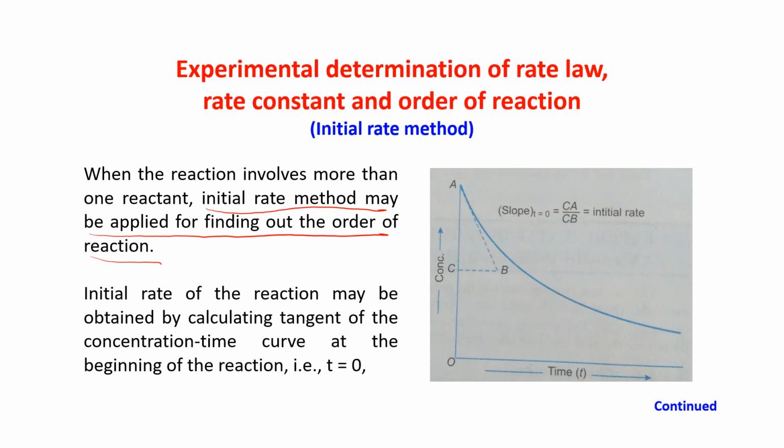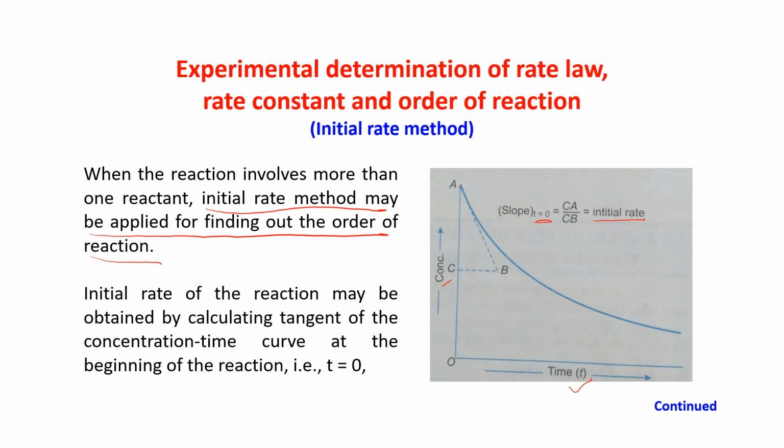What we are doing: the initial rate of reaction may be obtained by calculating the tangent of the concentration time graph. Now we are taking the initial position when t is equal to 0. We are making a tangent there, and the slope of the tangent when t is equal to 0, that is dC by dt, is giving you your initial rate.